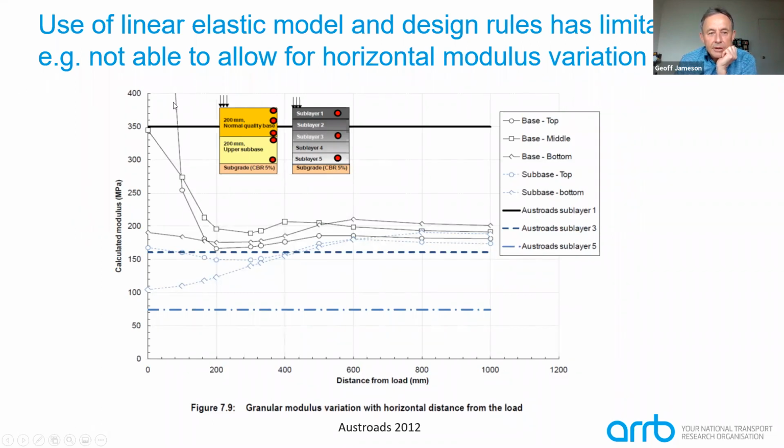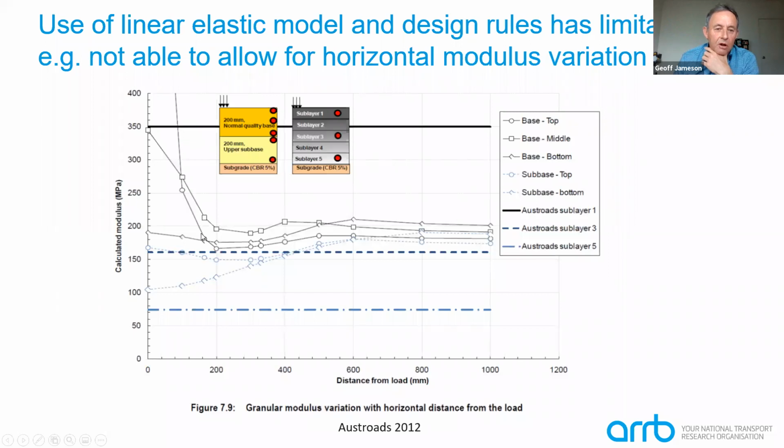Shown in these other points on the graph are the results of finite element modelling, where we allow for the stress dependency of the modulus value. For example, this curve here is the top of the base course, and you can see modulus values in excess of 350 occur quite close to the surface.